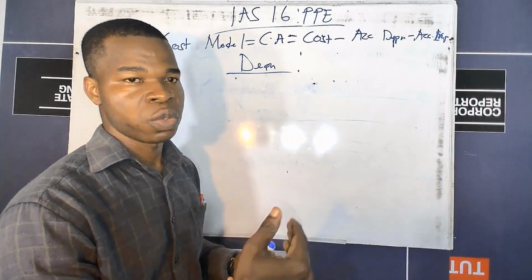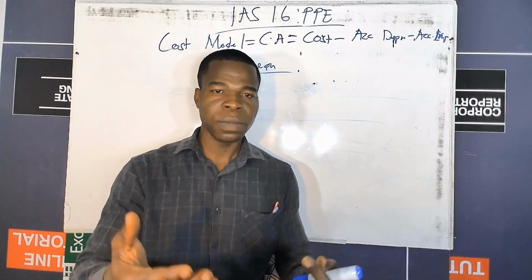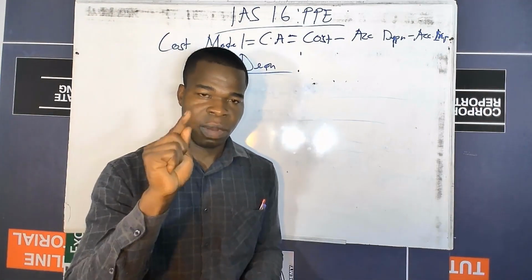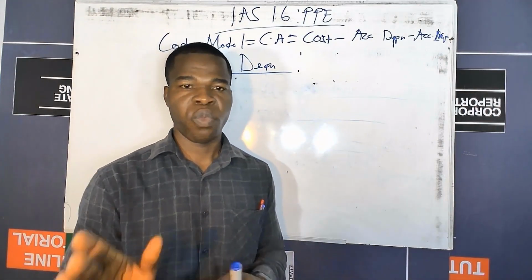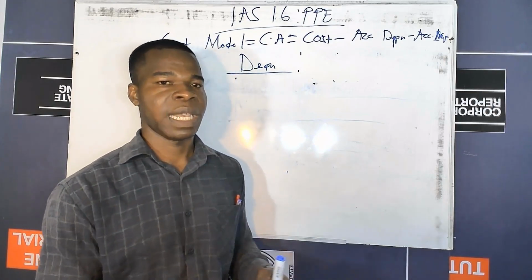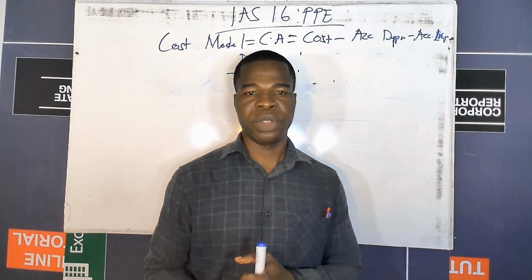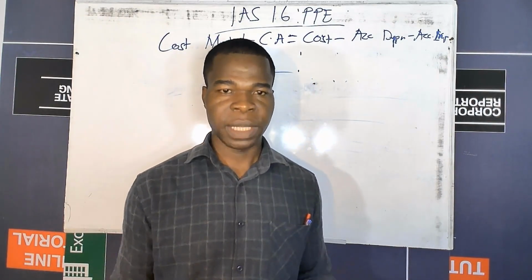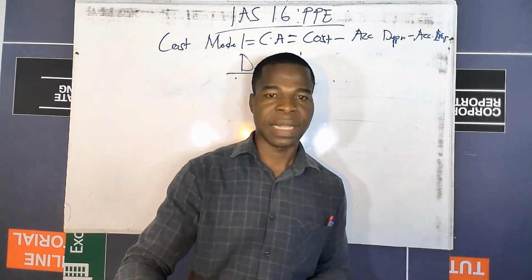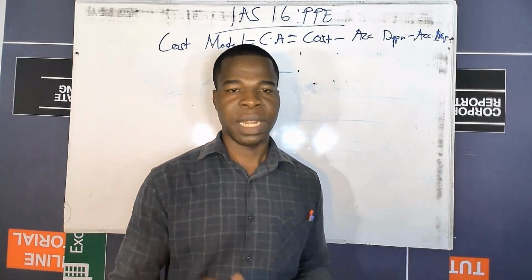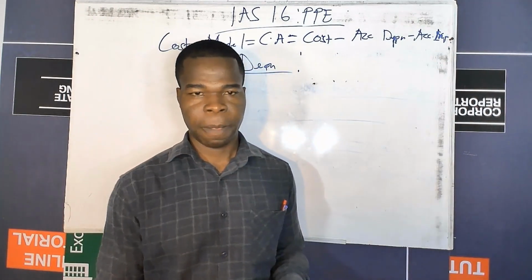Then when should you stop depreciation? Remember that you can cease depreciation when the asset is being held as a non-current asset held for sale, and discontinued operation, that is under IFRS 5. It's only when that asset is being held as such that you are supposed to stop depreciation.